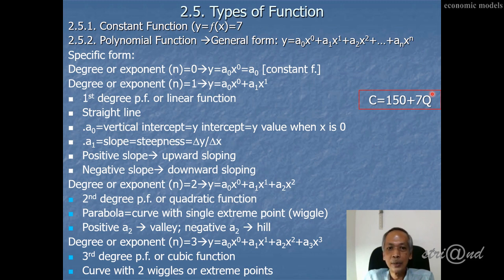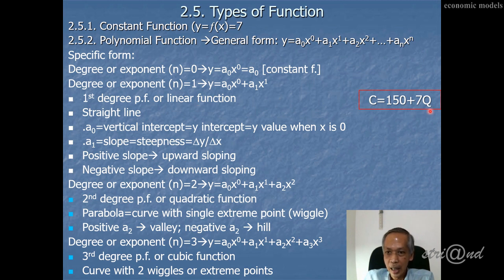So the first degree of polynomial function is basically a linear function, like the example that we have discussed so far. And we also know from our previous courses in mathematics that for a linear function, the shape of the diagram that we can find is a straight line. Not just any line, but a straight line.